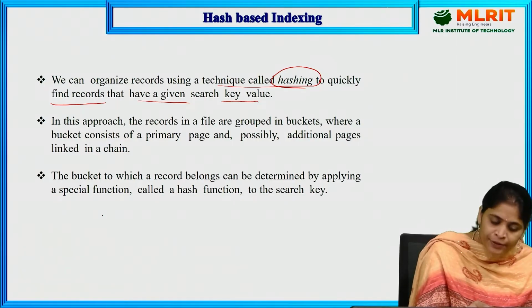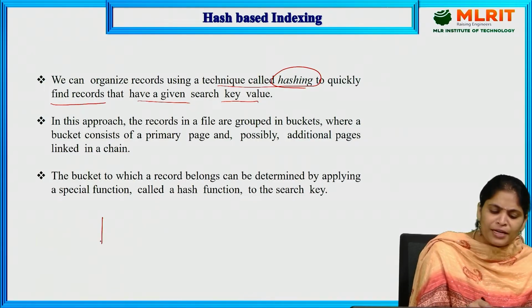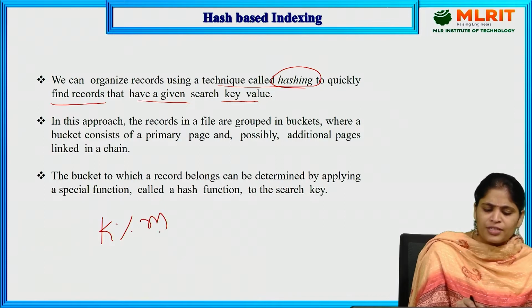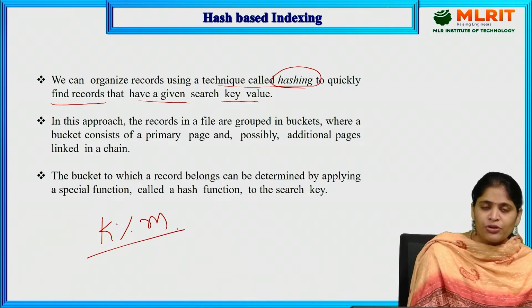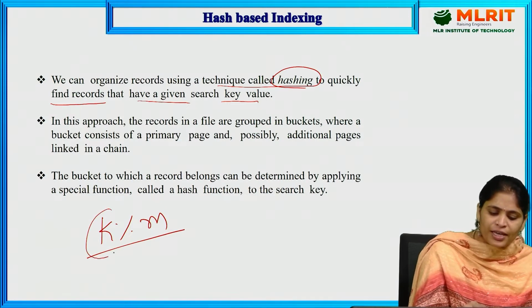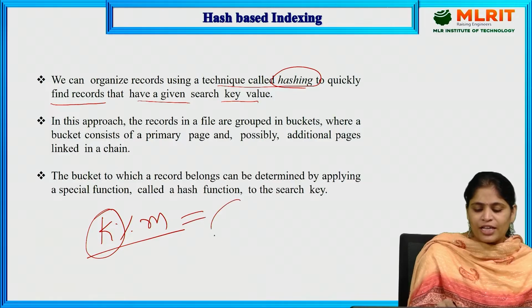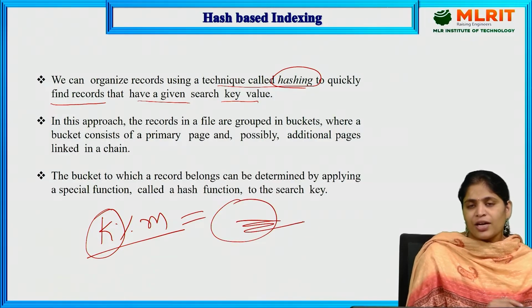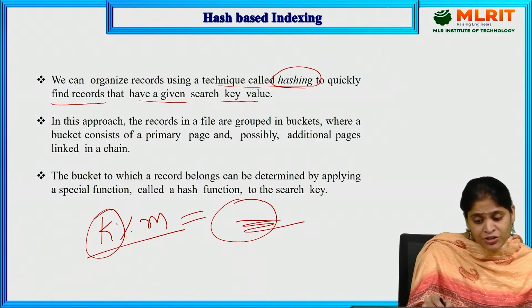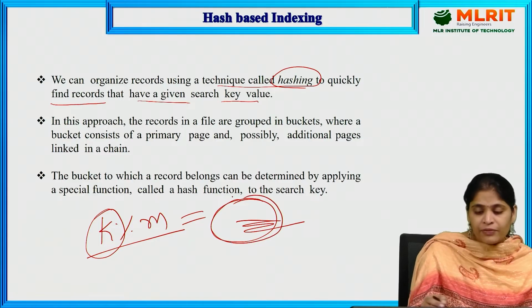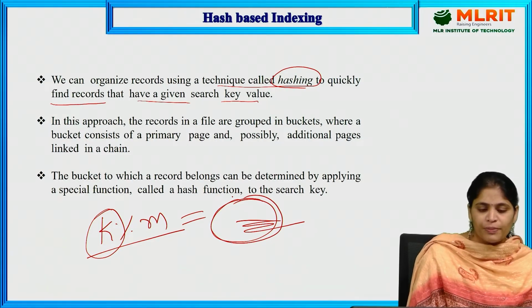It is a simple mathematical function, k modulo m. What is k here? That is nothing but the key values or key attribute. Whatever value has been generated can be considered as an index, and by considering this index we can store the records. That is my intent.